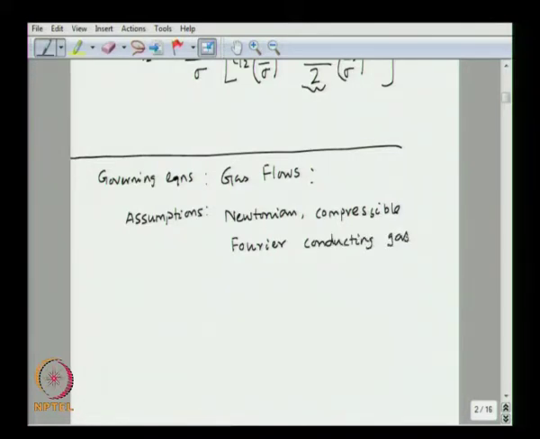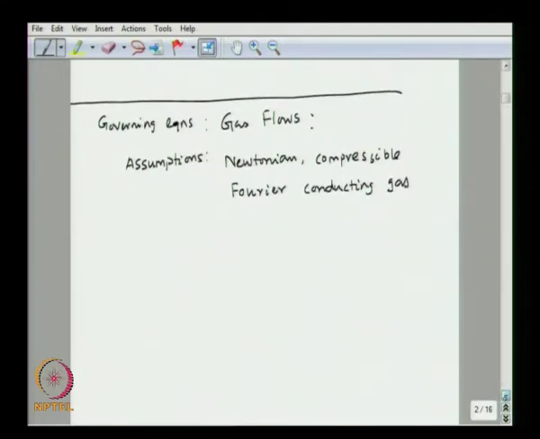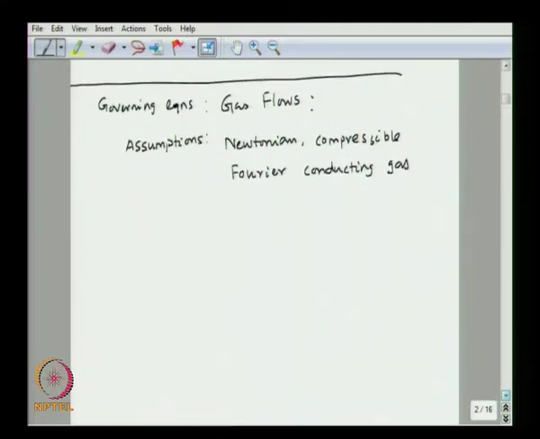So under those assumptions we can write the conservation of the mass, momentum and energy. Before we do that, as we discussed yesterday, we were talking about 5 different differential equations, 3 for momentum, 1 for mass, 1 for energy.